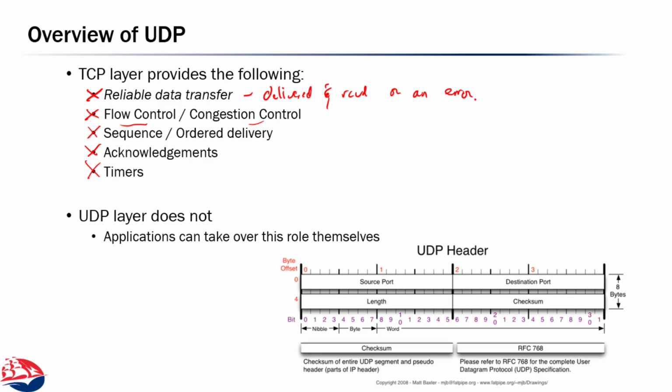UDP does not do this. Now, it doesn't mean that UDP can't. It's just that as a layer itself, it doesn't do that. But applications can take over that role if they wanted to. So one of the big advantages of UDP is its simplicity and low overhead.